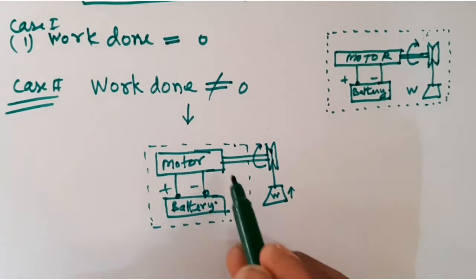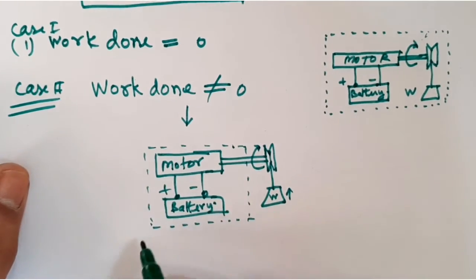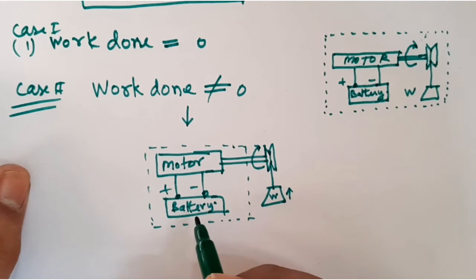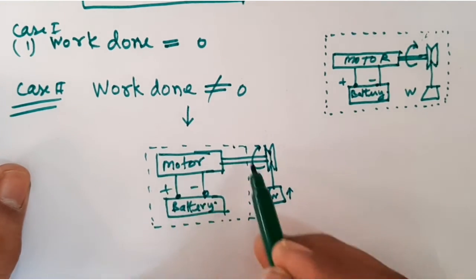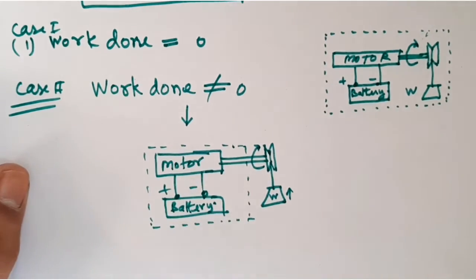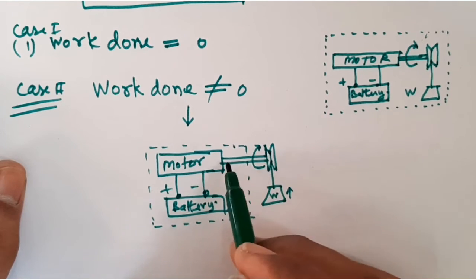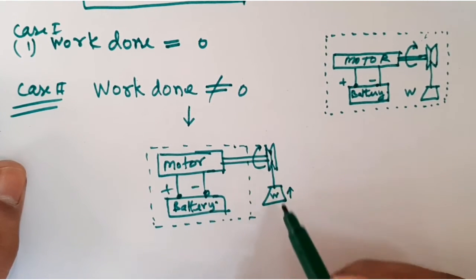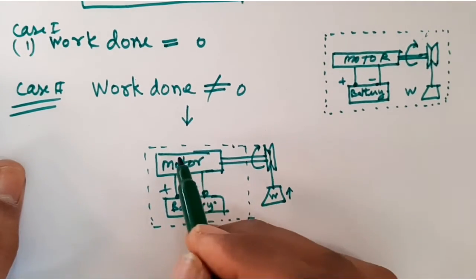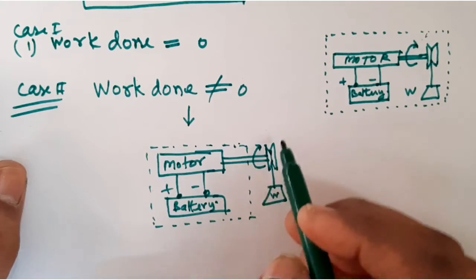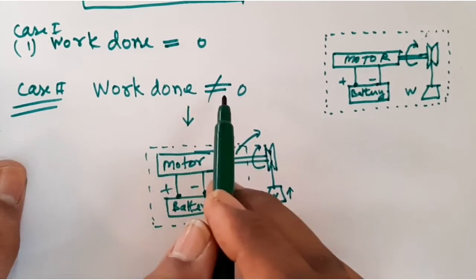Now you can see in this figure, this is the system boundary. In this system boundary, the battery and motor arrangement is fixed, and this motor is rotating this pulley, and this pulley is lifting this weight in upward direction. So here the work is crossing the system boundary, so work done will not be 0.